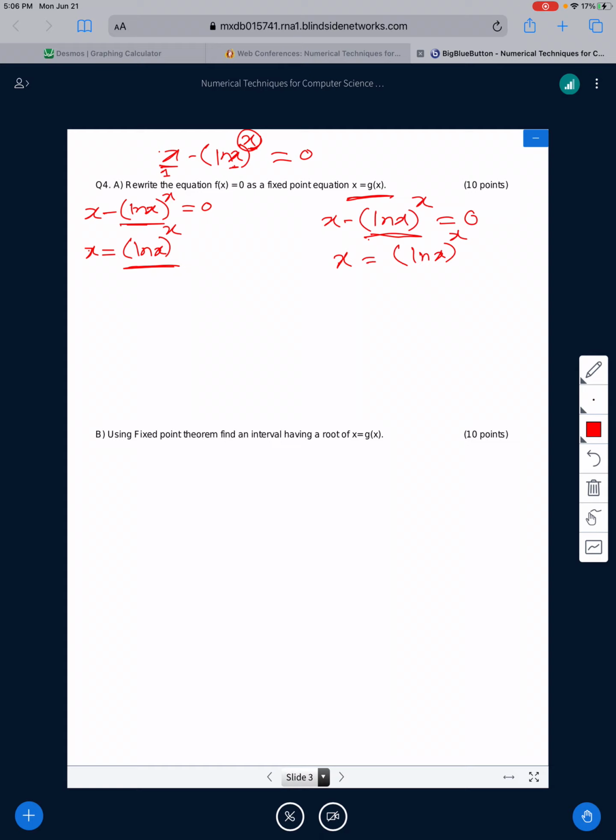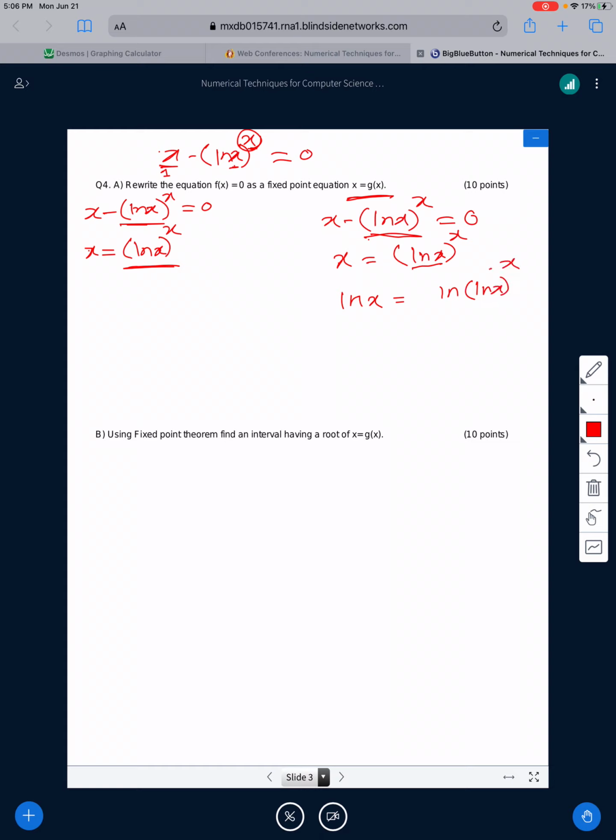Okay, something to the power x is right now an exponential function, so I will take ln on both sides to make it simple. Ln x is equal to ln of ln x to the power x.